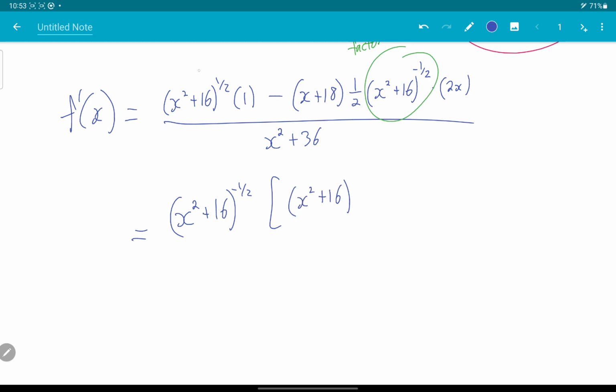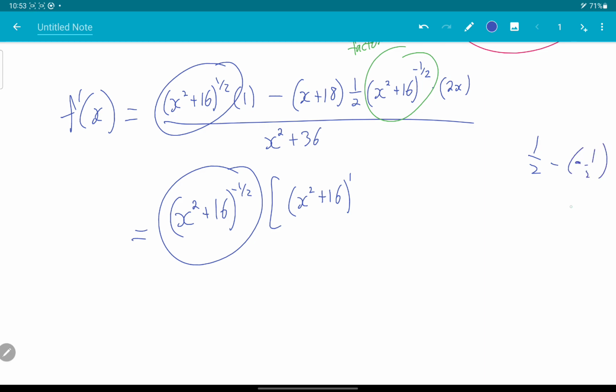Now what's happening is I'm taking this and I'm dividing it by this. So again, this divided by this. You subtract the exponents and you get a half minus a negative half, giving 1.